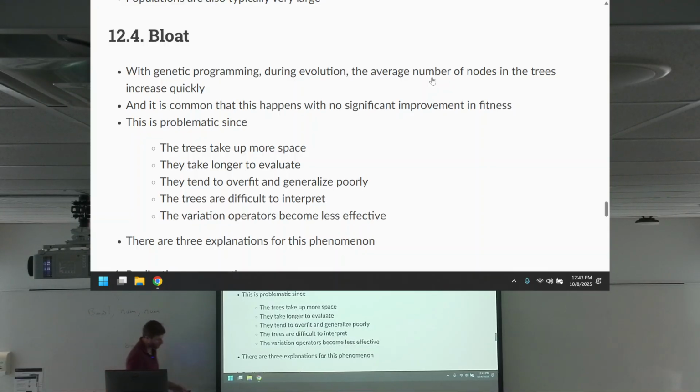So we have an interesting phenomenon that happens with genetic programming. First and foremost, think about a binary tree of depth 3. You've got not too many nodes.